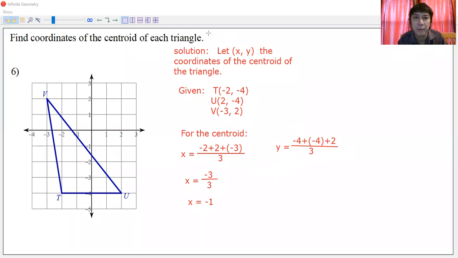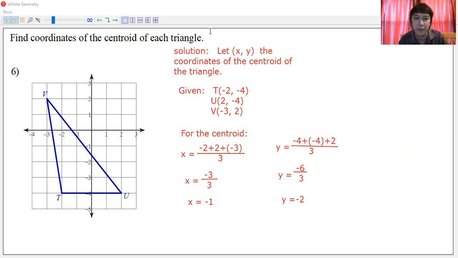That's the result of adding negative 4, negative 4, and 2. So this is negative 6 divided by 3, which is negative 2.